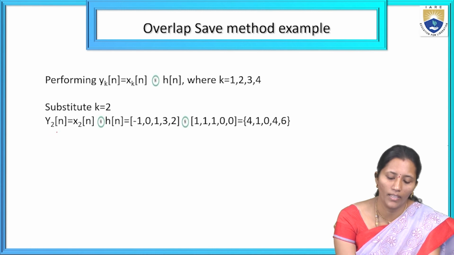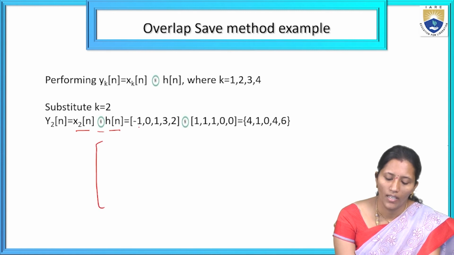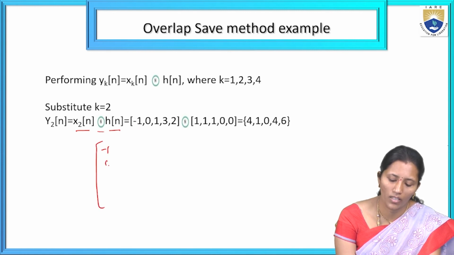To get the y2 of n, it is x2 of n circular convoluted with the h of n. So here x2 of n is minus 1, 0, 1, 3, 2, 2, minus 1, 0, 1, 3, 3, 2, minus 1, 0, 1, 1, 3, 2, minus 1, 0.